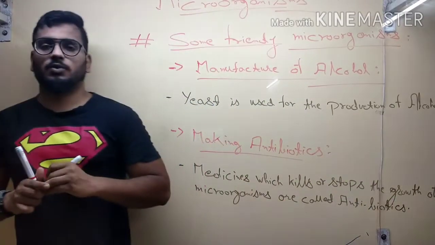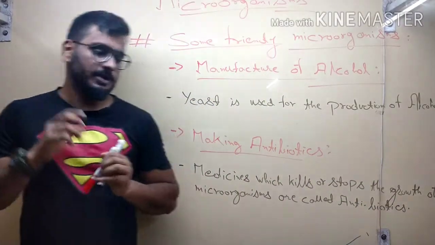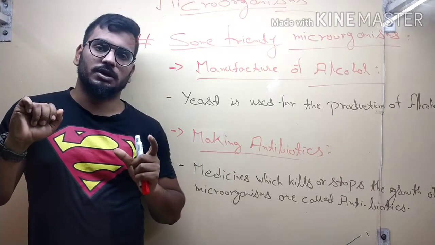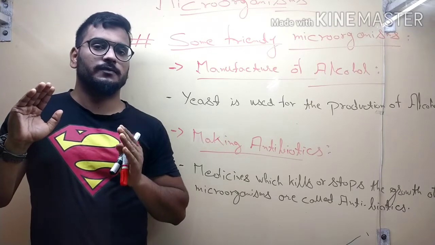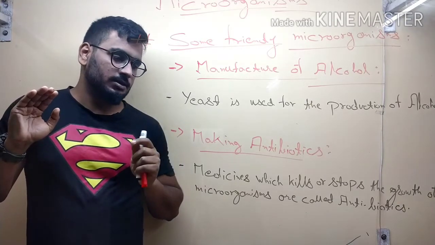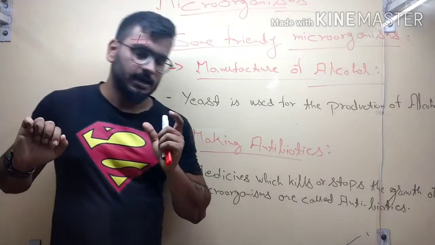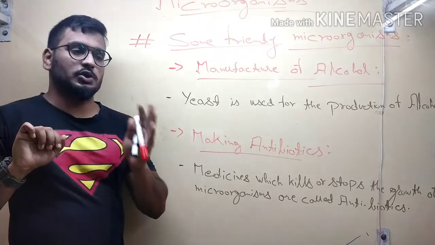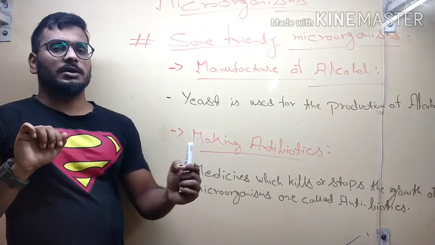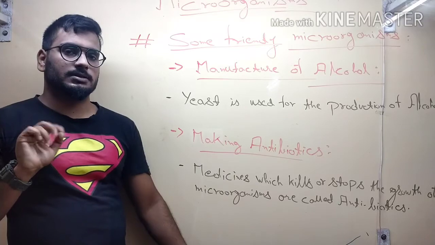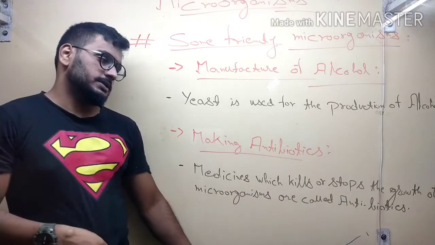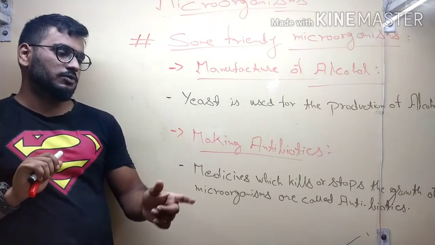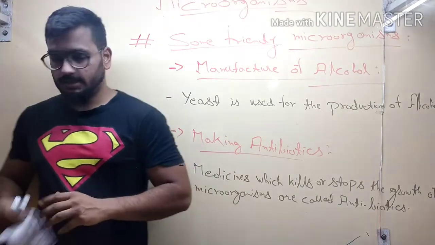First of all you must know the definition of antibiotics. So what is an antibiotic? Antibiotics are medicines which stop the growth of microorganisms, or you can say kill the microorganisms. This is the definition of antibiotic. Then we will move forward with some more points about making antibiotics.